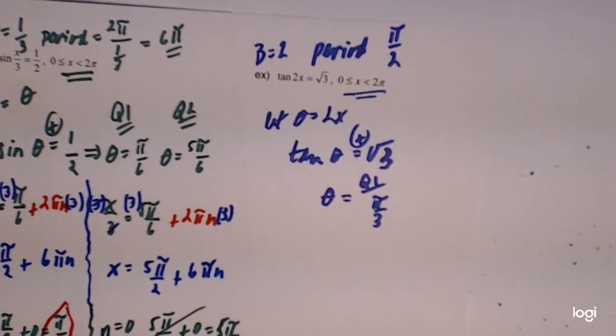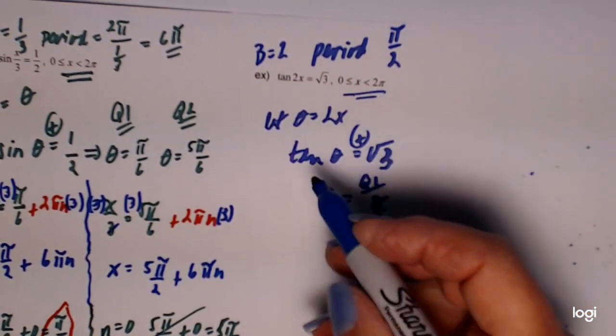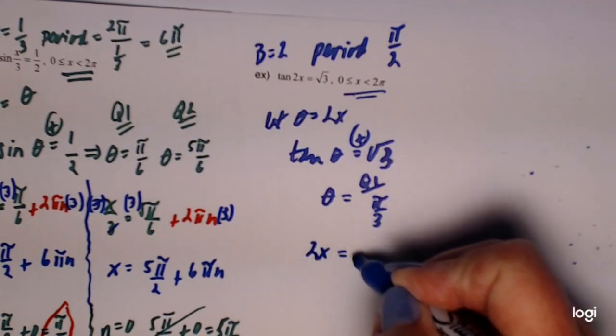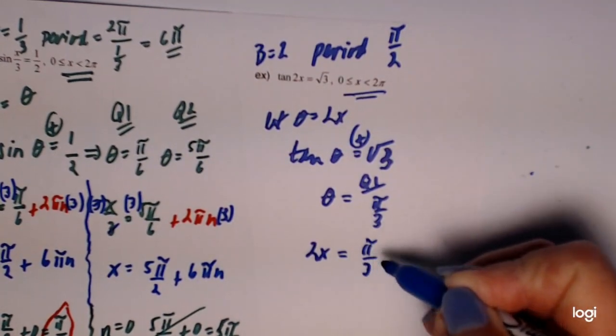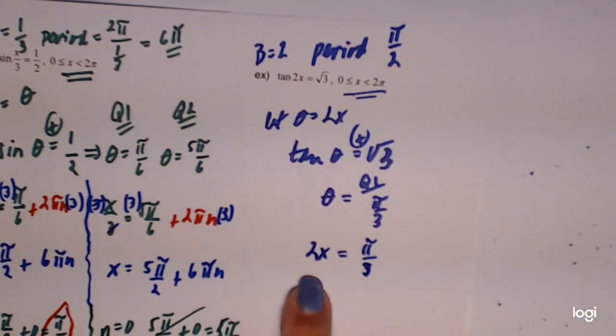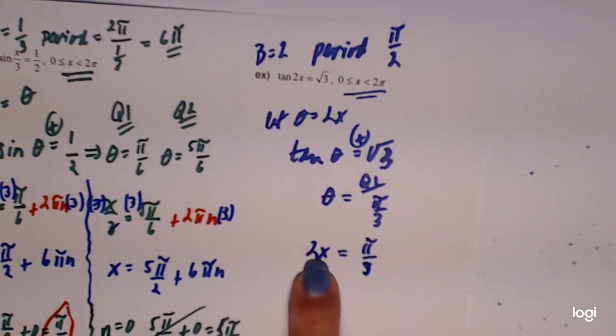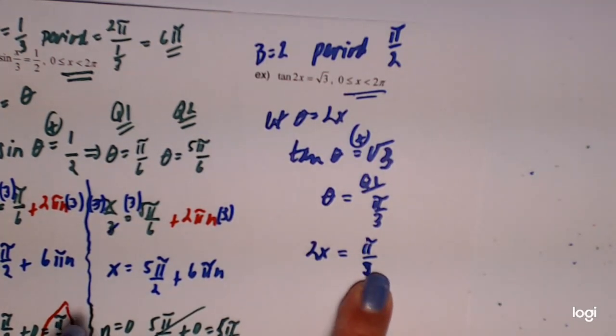So now let's undo this substitution and say 2x is equal to pi over 3. So we're setting up now with the actual information representing where we're getting our angle from. And similar to what we did for this problem, we're going to be adding that little statement that's going to allow us to find all the angles that we need.